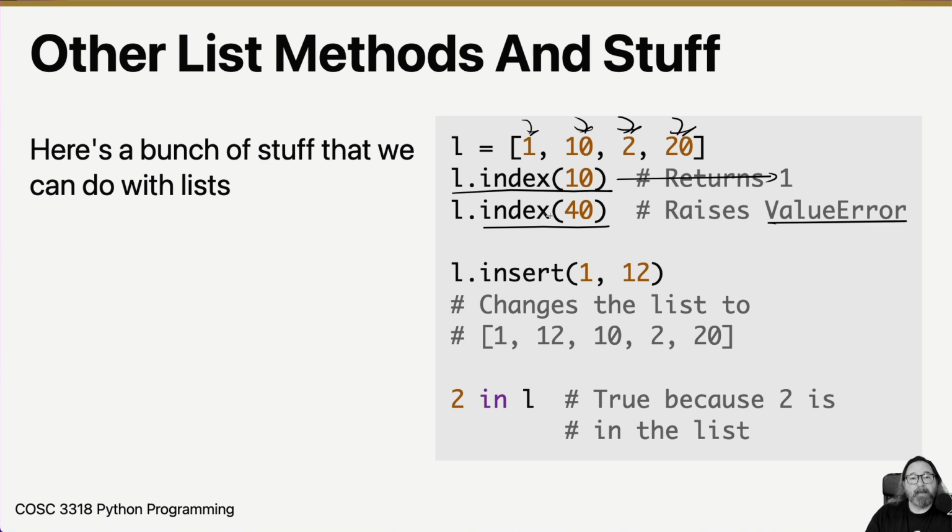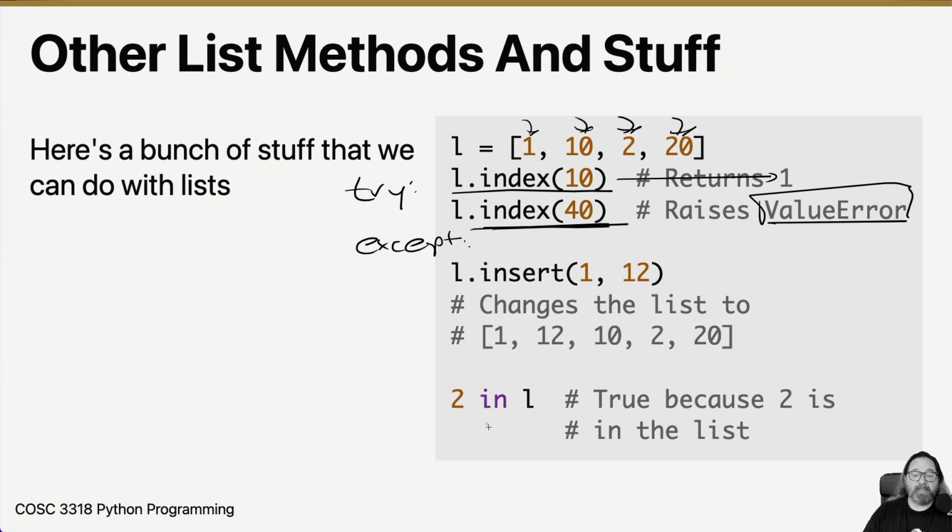So every time you do dot index, you're going to want to put it in a try except block so that you can capture that value error and know that it's not in the list. There's another way to do that.